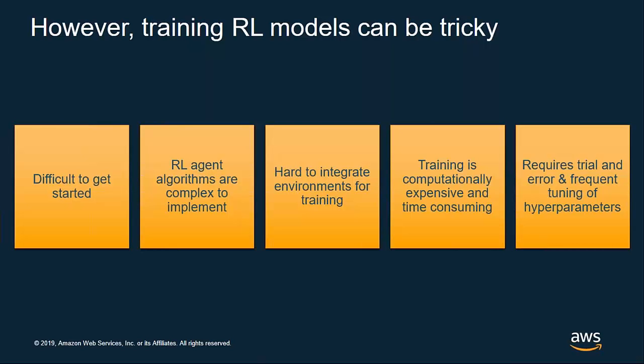The new variable with RL is the RL environment, and it's hard to integrate that RL environment with your existing training infrastructure. In addition, training can be computationally expensive and time-consuming because we saw that it requires frequent trial and error, and you need to frequently tune your hyperparameters as well as your RL environment.